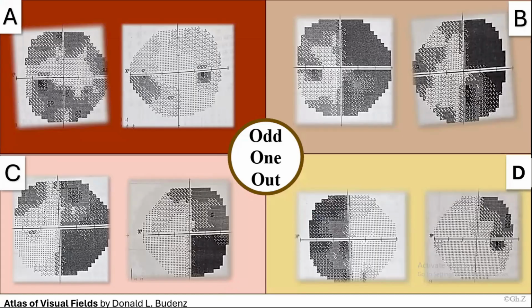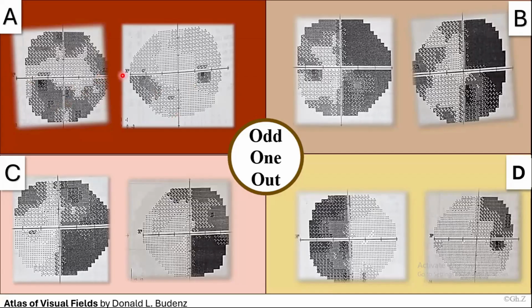Now, let's recall the example from the Kahoot game. Remember when I asked which one is more likely to be a glaucomatous visual field defect, the correct answer was A. This is the right eye with a nasal step, and the left eye has arcuate scotomas, lower and upper. These are classic features of glaucoma, and most importantly, they don't respect the vertical meridian. They do respect the horizontal meridian, however.